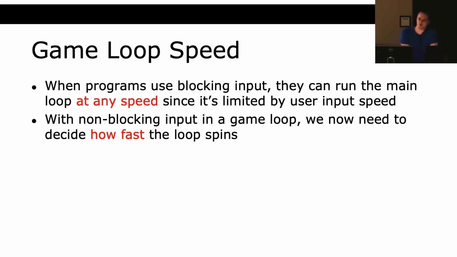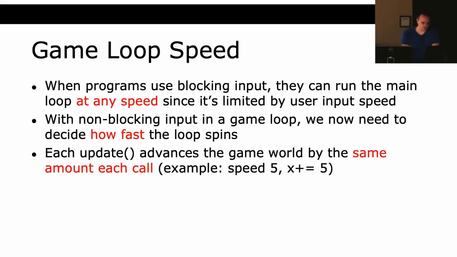So with non-blocking input in our main game loop, we now need to talk about how fast this loop is running. Since each update advances the game world by the same amount on each call, and I'm not saying that every game engine does this, but our game engine currently does. Let's say the speed is 5, then Mega Man or Link moves to the right by 5.